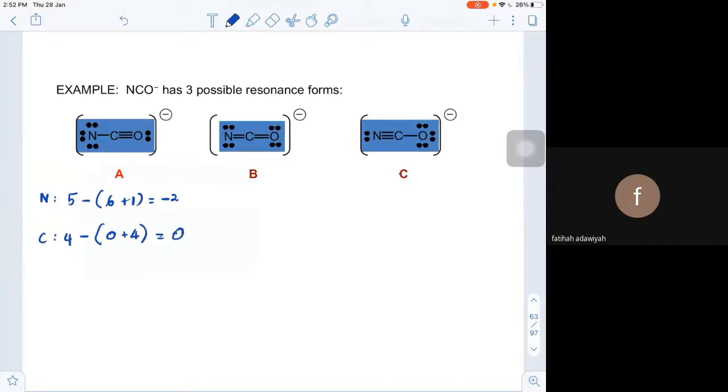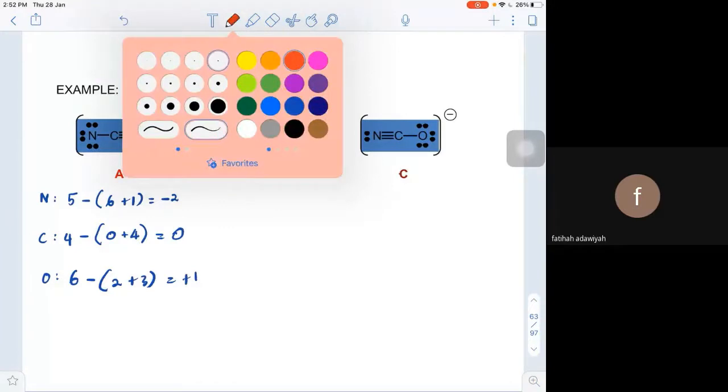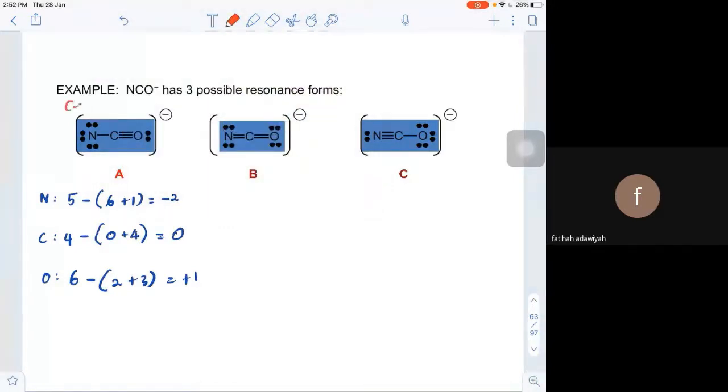As for the oxygen, it has 6 valence electrons, minus 2 unshared electrons, plus 3 bonds made, it is equal to plus 1. Just rewrite back the formal charge of all. This is -2, this is 0 for carbon, and then oxygen is plus 1.